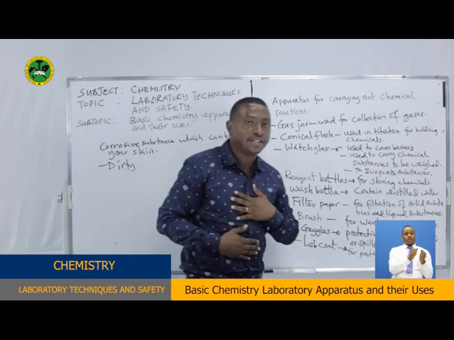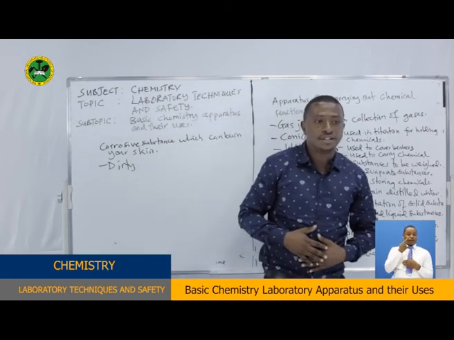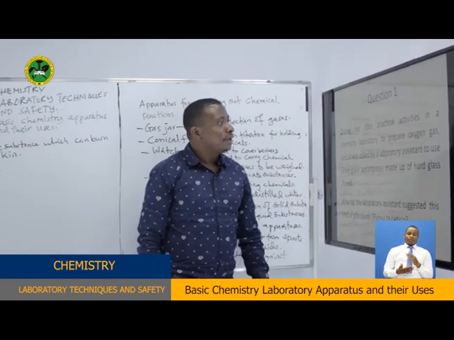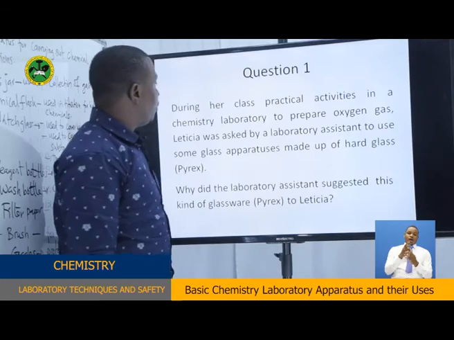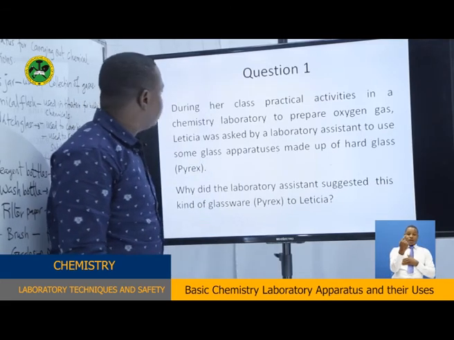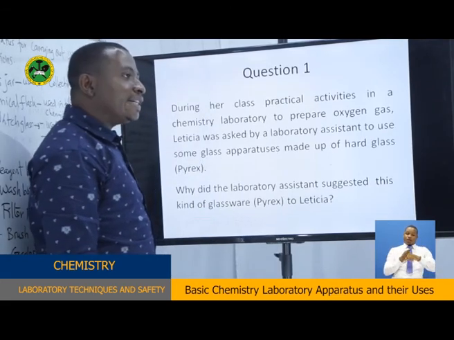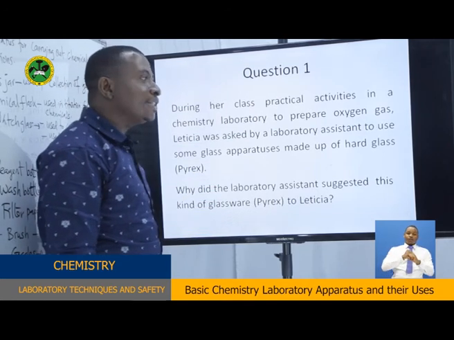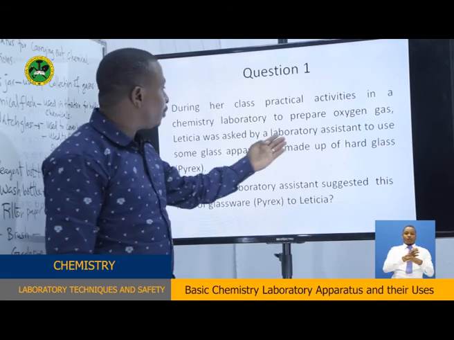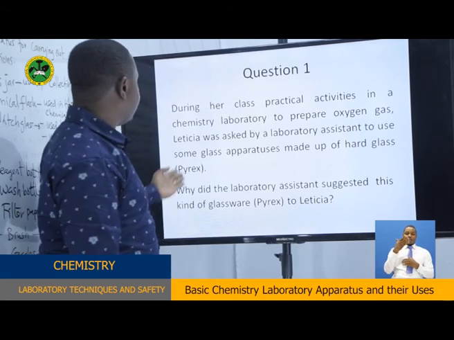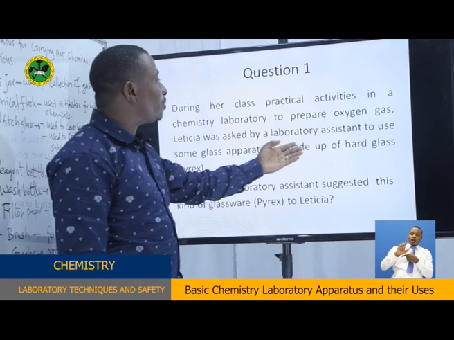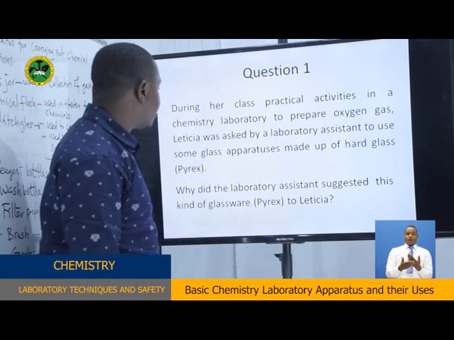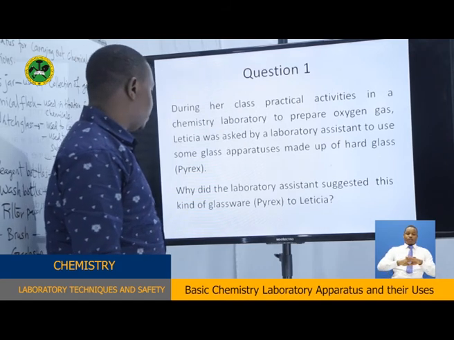Now let us go and see some questions that can be asked from this subtopic. We have question number 1. It states that during her class practical activities in a chemistry laboratory to prepare oxygen gas, Leticia was asked by a laboratory assistant to use some glass apparatuses made of hard glass known as Pyrex.